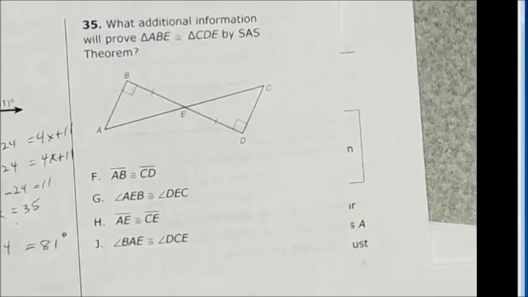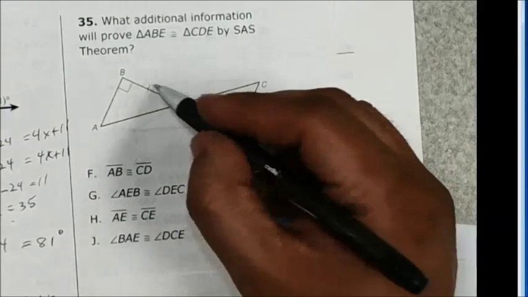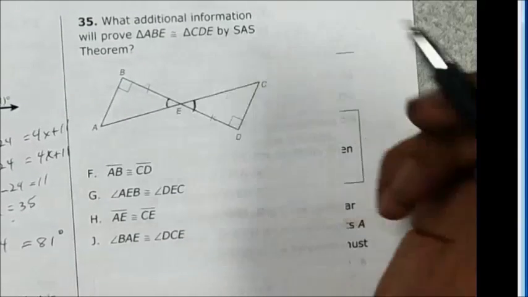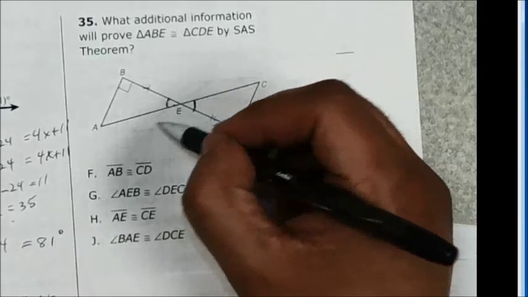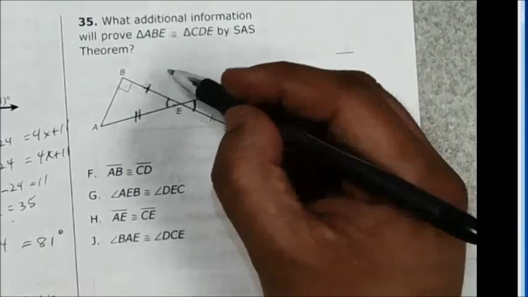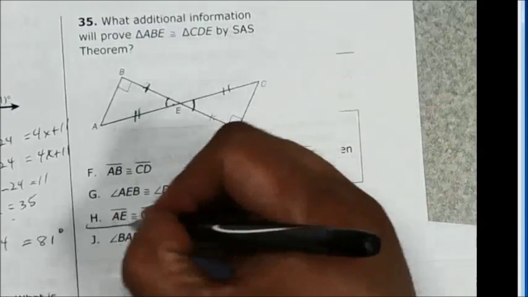Number 35 says, what additional information will prove that triangle ABE is congruent to triangle CDE by side angle side? All right, I have a pair of sides that's given to me, and I have 2 vertical angles here. So if I want to go side angle, that means I need to know this side, which would be AE congruent to CE.